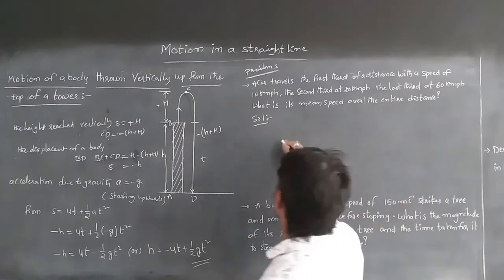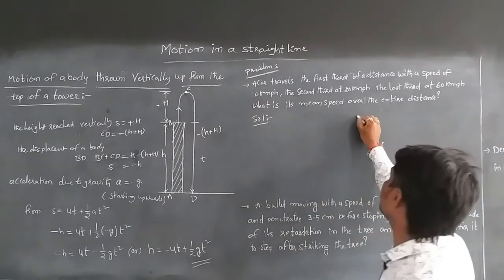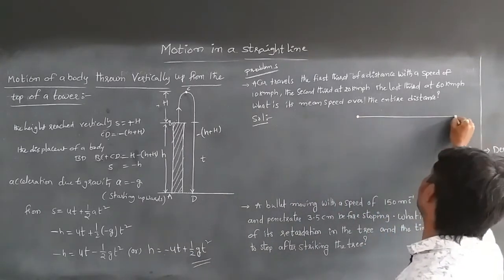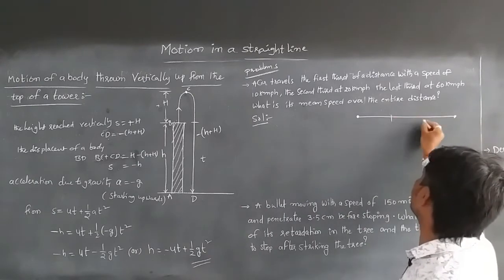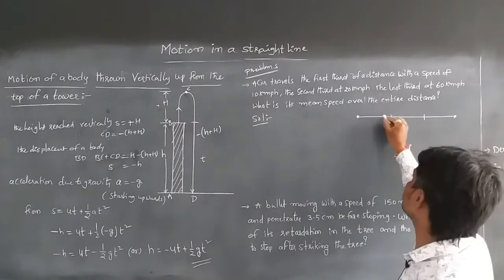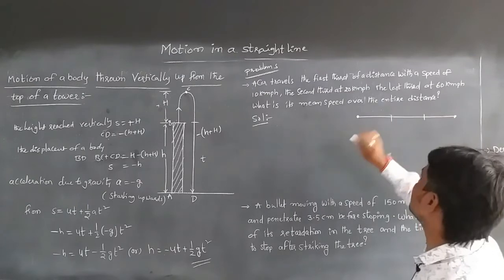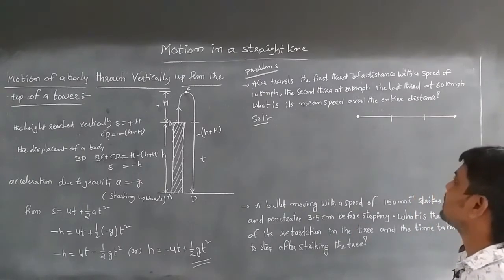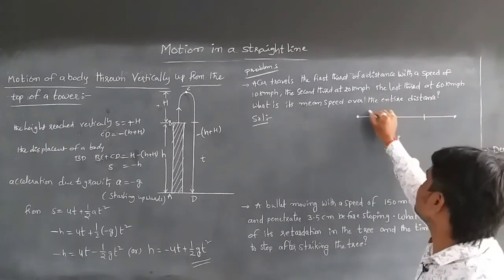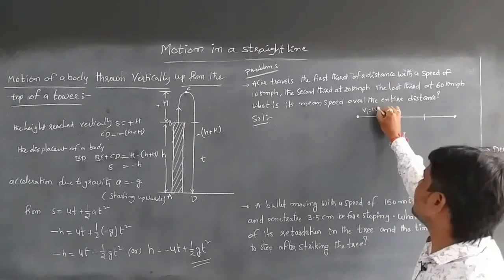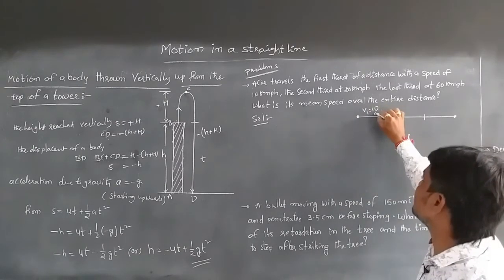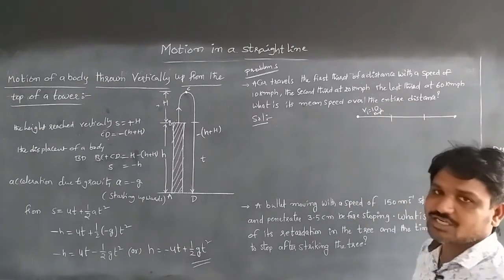We know the formula for average speed. Here the body started from one point and reached another point, which has 3 divisions. The car travels the first third of the distance with velocity v1, 10 km per hour.